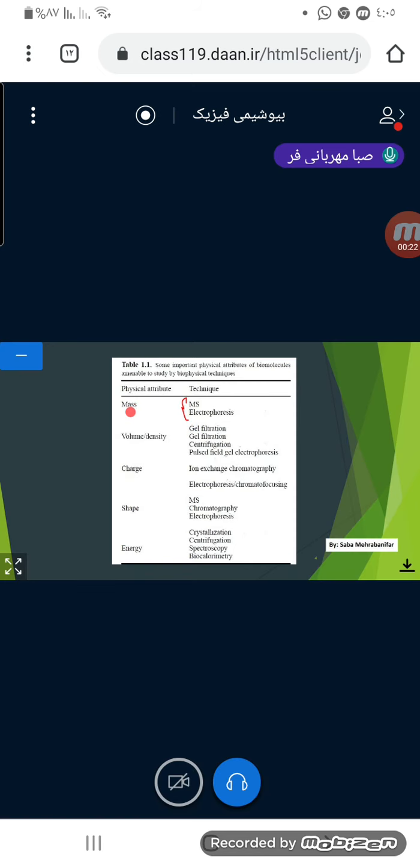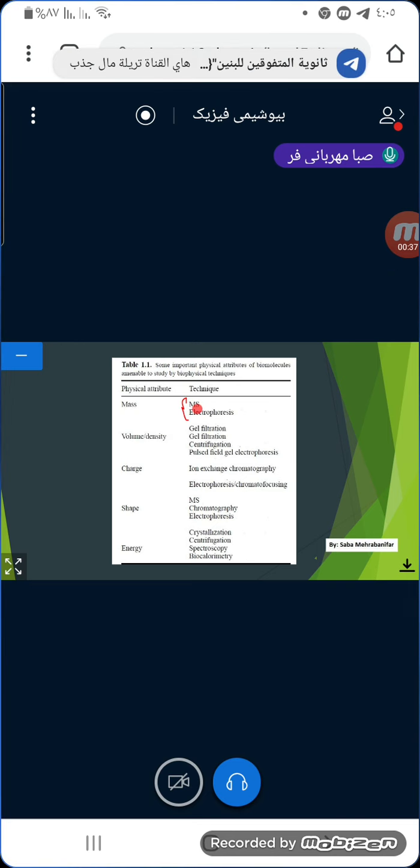Okay. Please listen. When you want to know the mass of a macromolecule, you can use these two techniques. What is the meaning of MS? What are these techniques? Do you know?